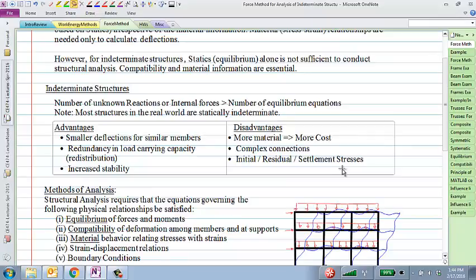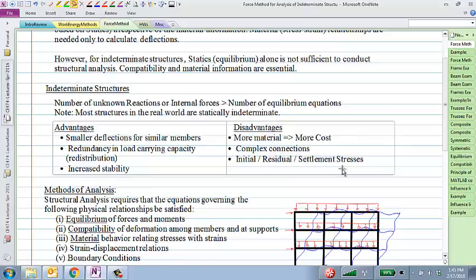If I attach a plate to those two springs and keep the plate exactly horizontal, what happens if both springs are not exactly the same length? Maybe one is slightly longer, one is slightly shorter.